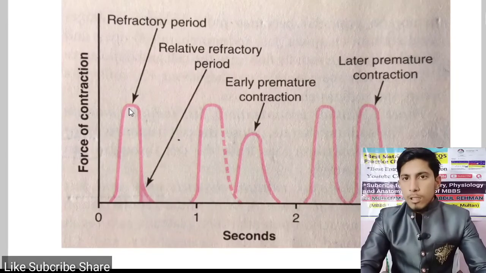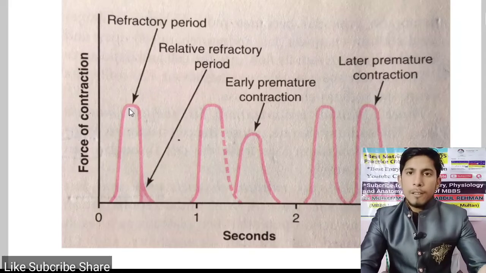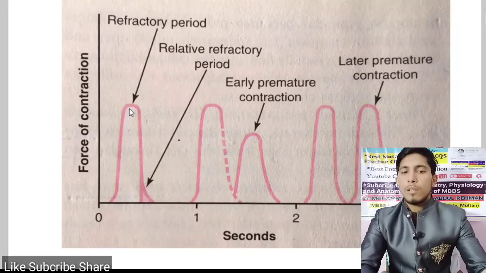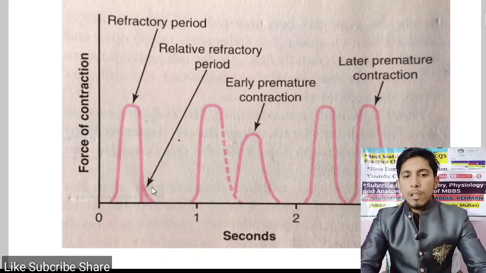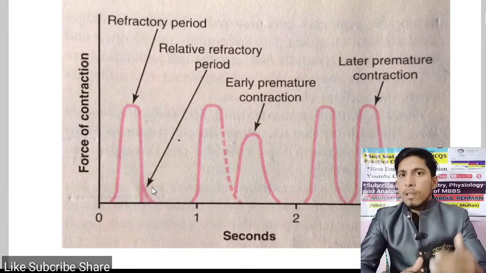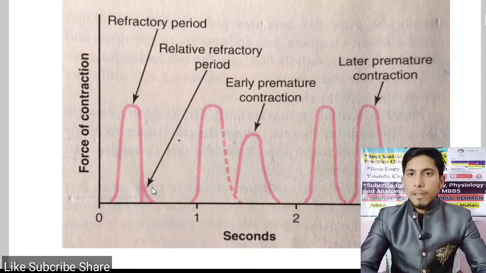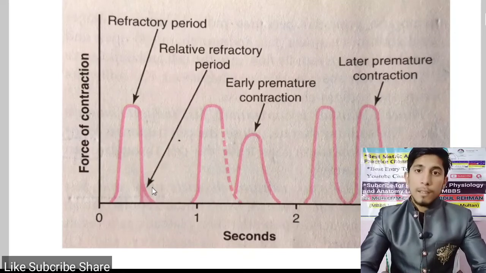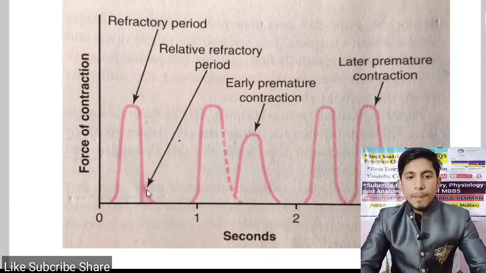But here is a refractory period during which no cardiac muscle can be re-excited, no matter how strong a stimulus you provide. Then there is the relative refractory period, during which a strong stimulus or action potential can re-excite an already excited area of cardiac muscle cells that are recovering from the action potential.